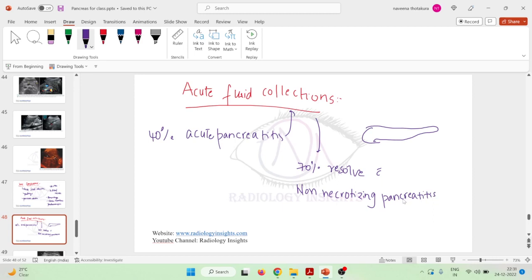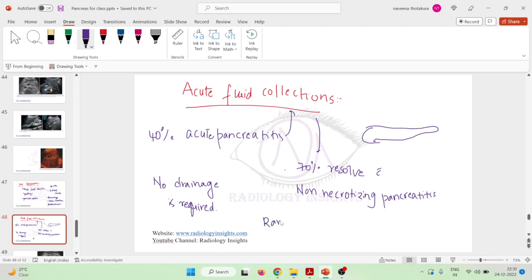So we do not need to do any drainage for these acute fluid collections because 70% of them will resolve. No drainage or surgical intervention is required for these patients, unless a super infection occurs.